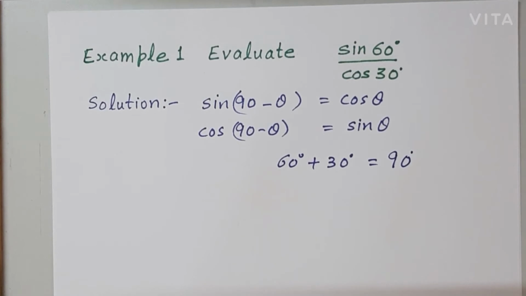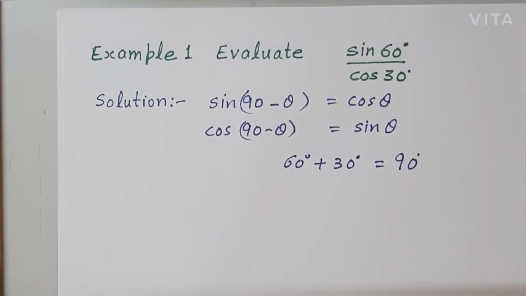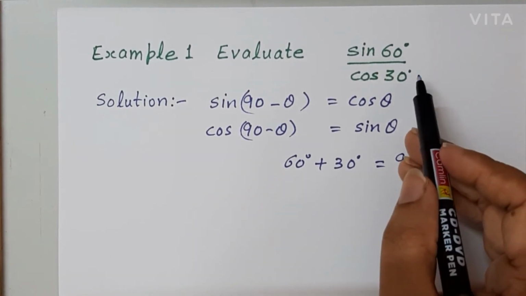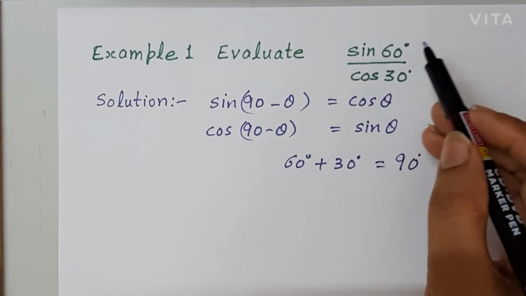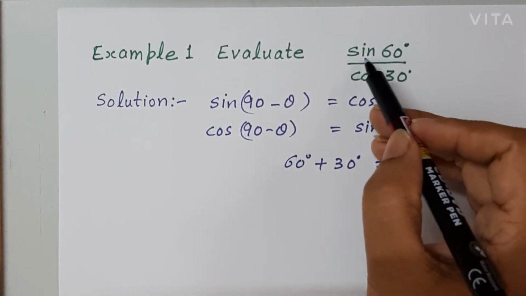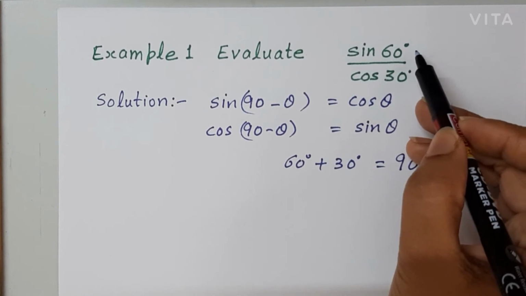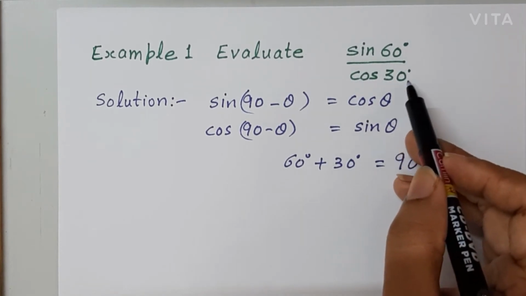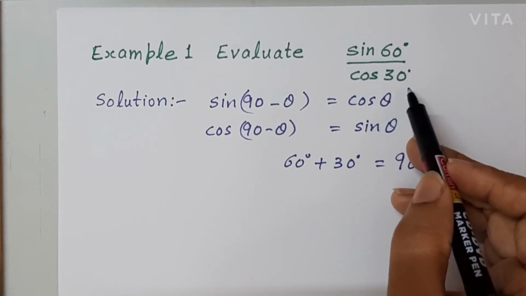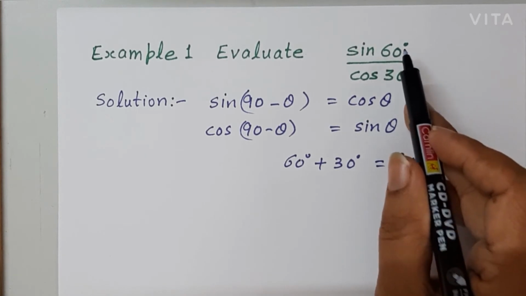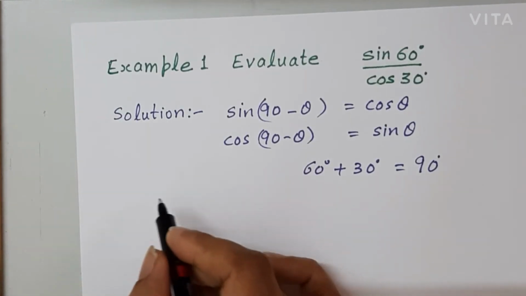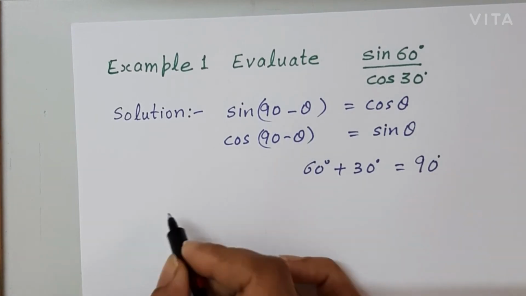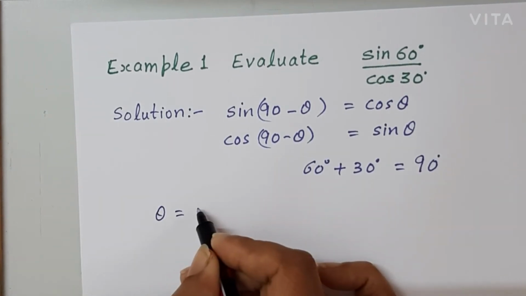So they are complementary angles. Now students, in order to solve this question, we need to change either one. Either we convert sine theta into cos theta, or we convert cos theta into sine theta. So let us convert sine theta. Now, in case of sine theta, here theta is 60 degree.